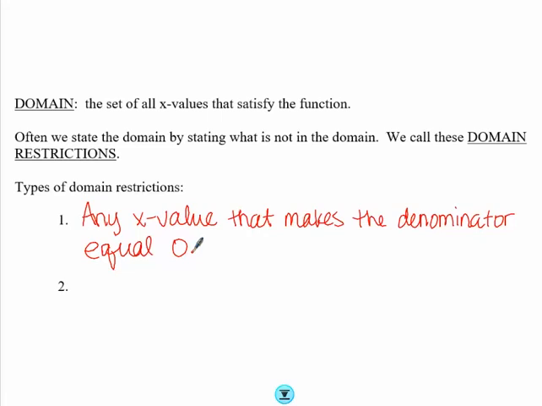The second domain restriction is any x value that makes the radicand of an even index radical negative.